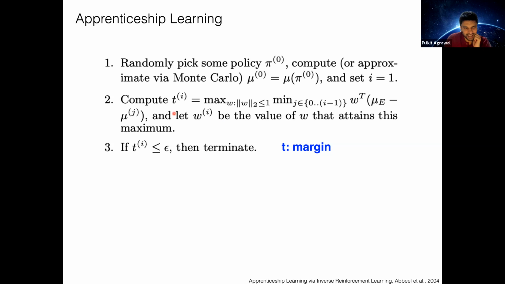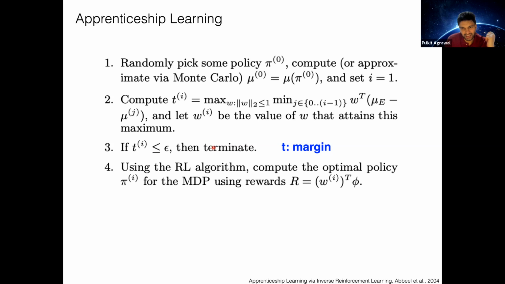Then we look at whether the difference in rewards of my expert policy and the current policy is less than epsilon. If so, we terminate. Makes sense. If it is not, then I can use the RL algorithm to compute the optimal policy with this as the reward function.